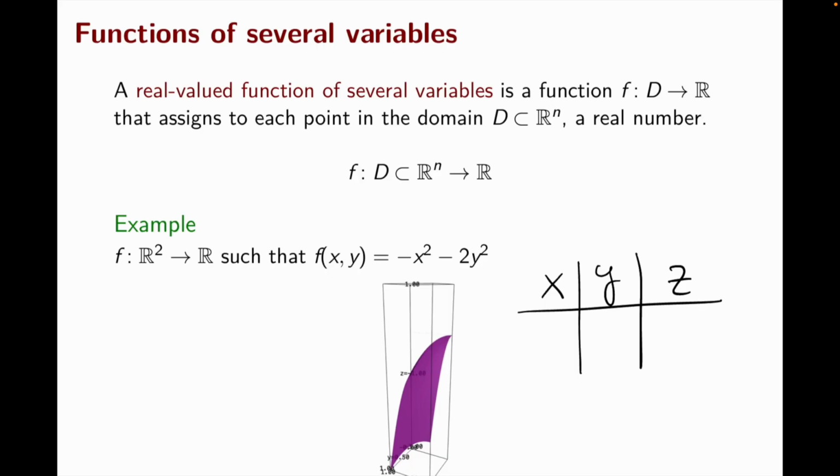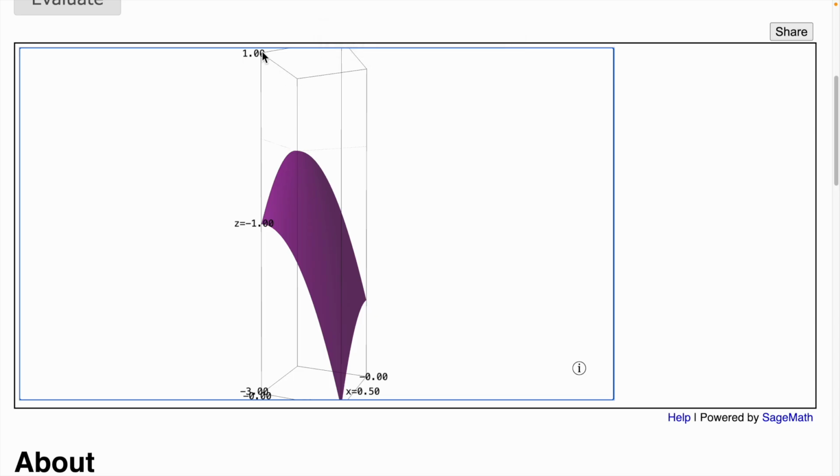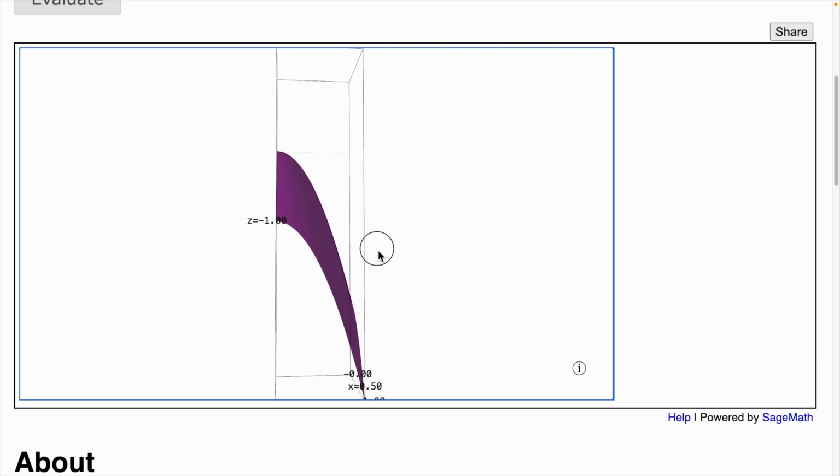So you can see that the graph of this function is going to look something like this in this window. We can here see the axes, so this will be the z-axis, and here we have the x and y axes. We can see, for instance, that when x and y were 0, z in this case was 0, and so on for all the other values when we put different values of x and y in the domain.